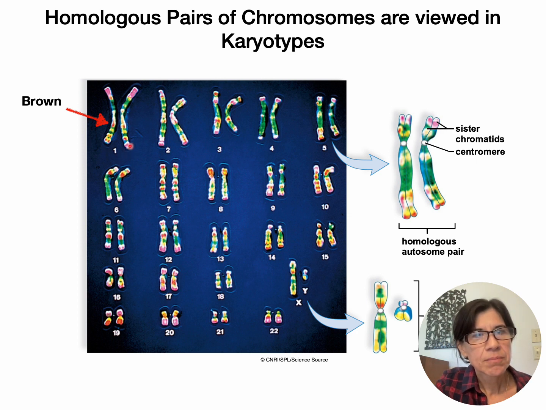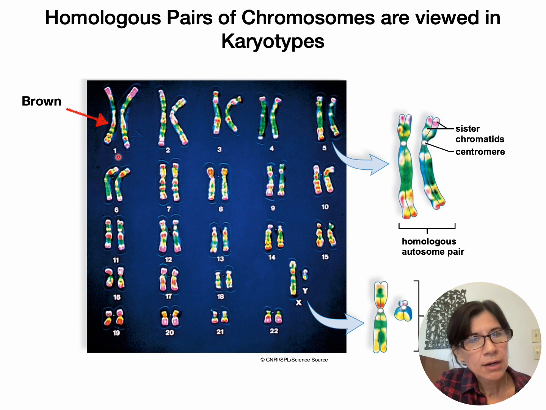And if you notice, the pairs of chromosomes are of the same length, of the same size, and when they stain them, they form the same patterns. The reason for that is because each chromosome in a pair contains the same types of genes. So remember, chromosomes are condensed DNA, and sections of DNA that code for a protein are referred to as genes.